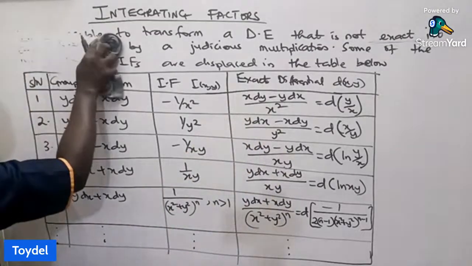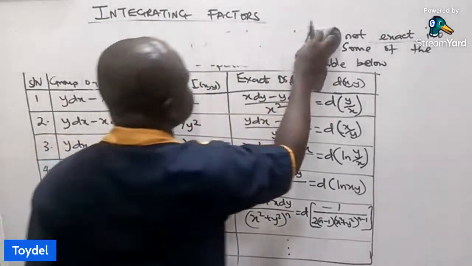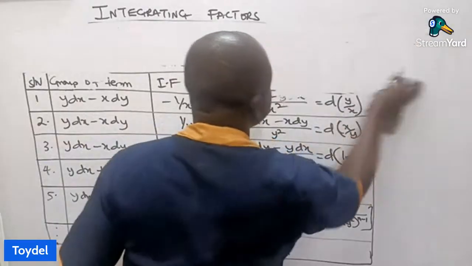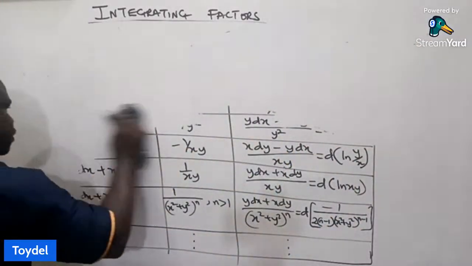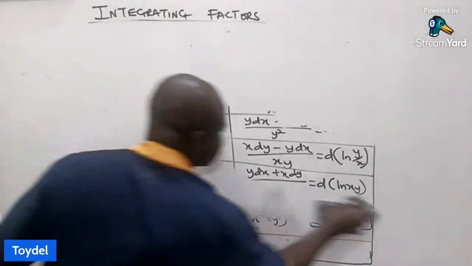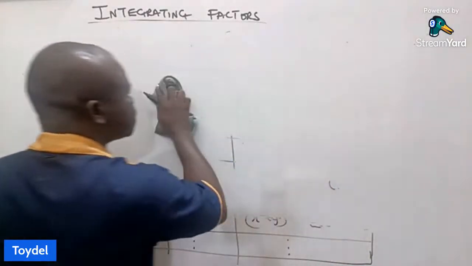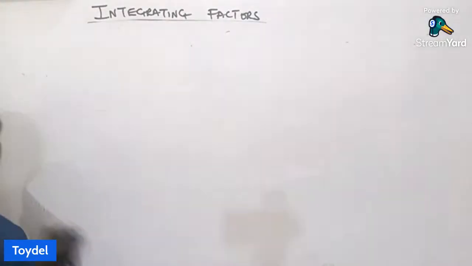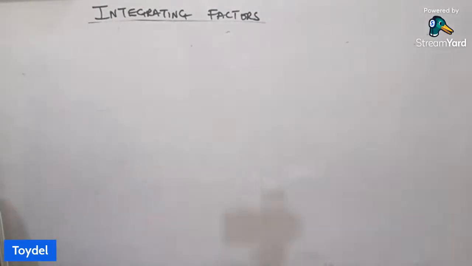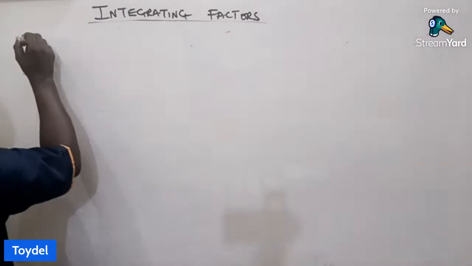So let's give an example, just to know how to solve differential equations that are not exact, and once we introduce an integrating factor, it becomes exact. And the method of resolution, how do we solve such differential equations? That is what we want to do. Of course, the differential equation must be a first order differential equation.